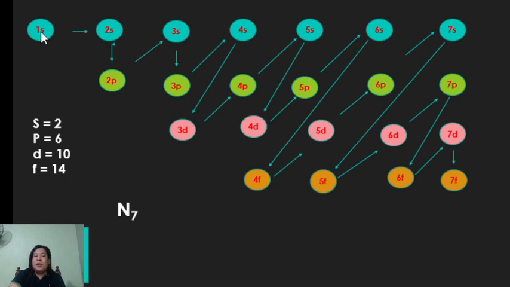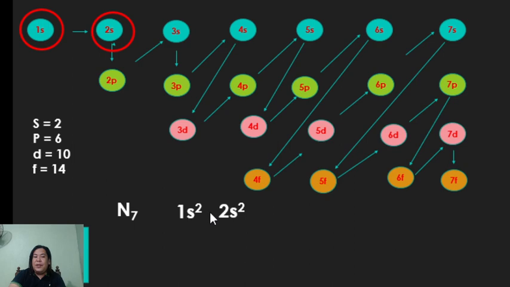We will start with the lowest energy, which is 1s. That is 1s2. We need 7, and then follow the arrow, just simply follow the flow of the electron distribution mnemonic. From 1s, the next orbital to be filled is 2s, and that is 2s2.